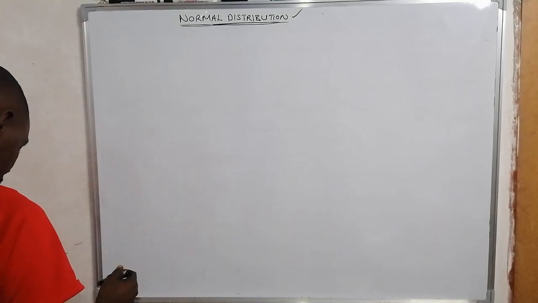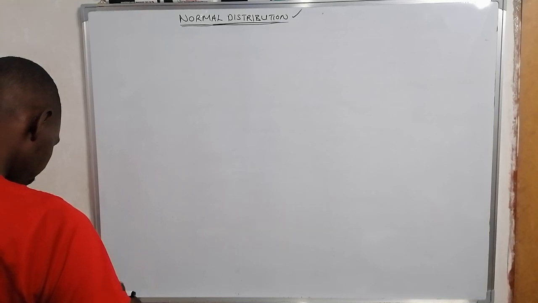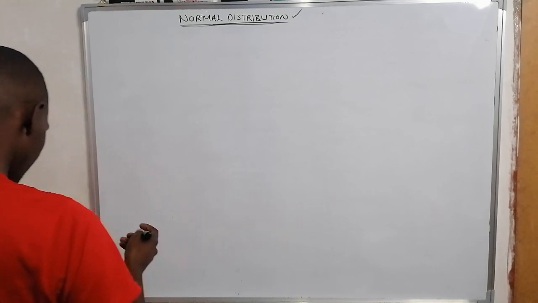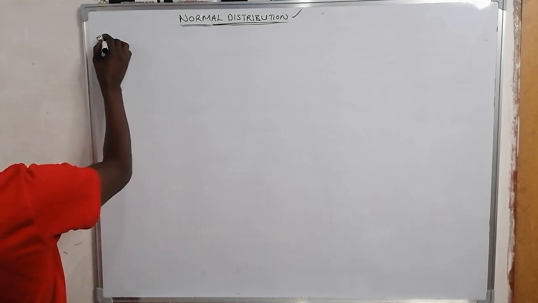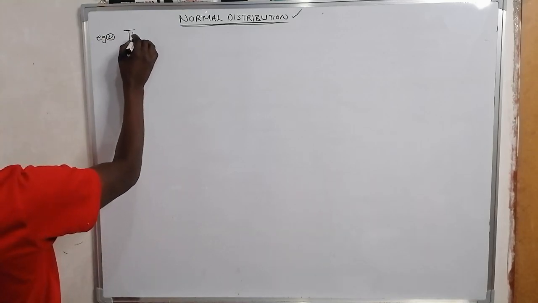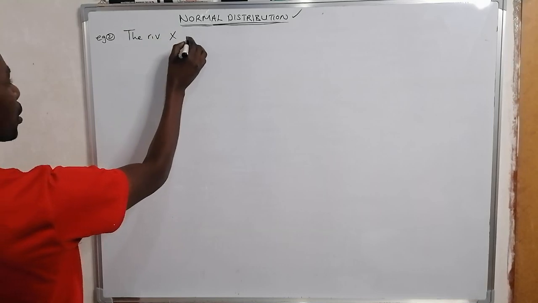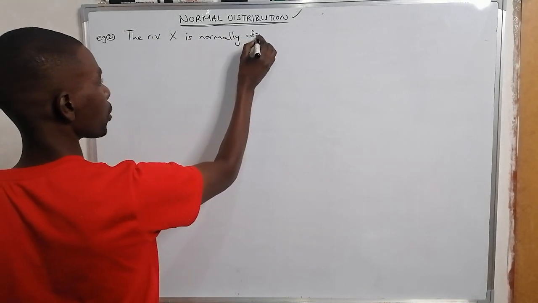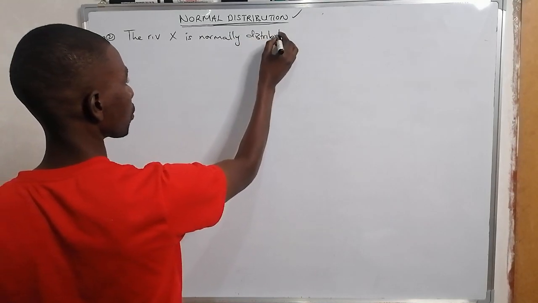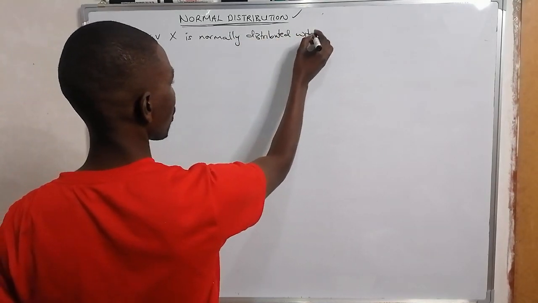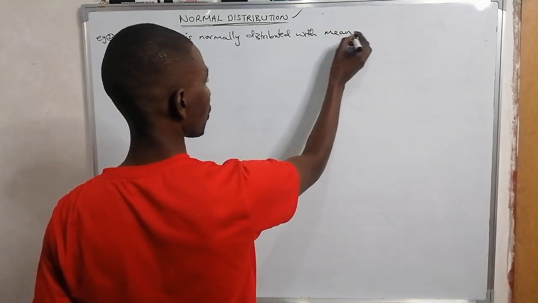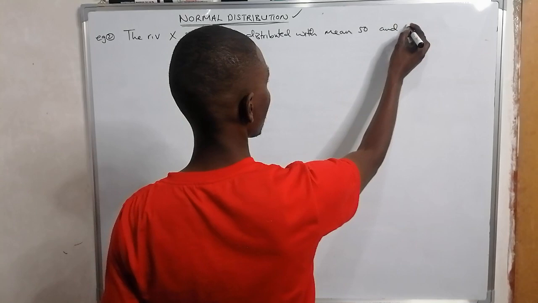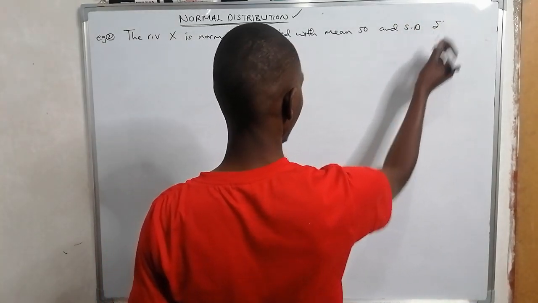The random variable x is normally distributed with mean 50 and standard deviation sigma.